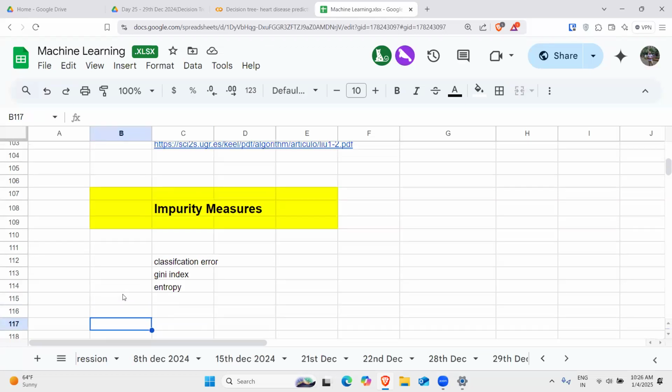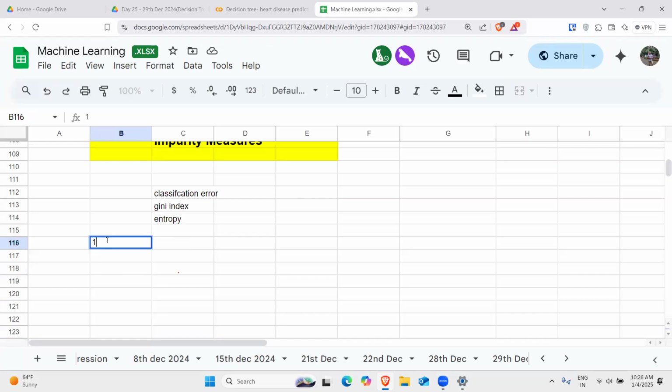So I'll just write down over here. The first one is classification error, which is nothing but E equals 1 minus the maximum of p_i, right? My case one is, we will consider different cases so that you understand the classification error concept.